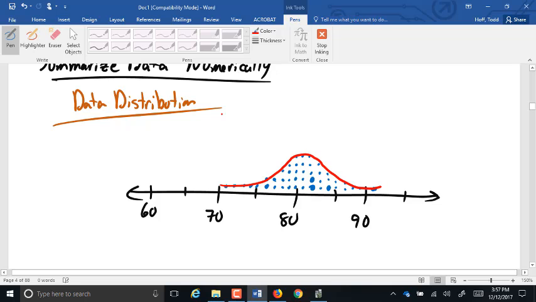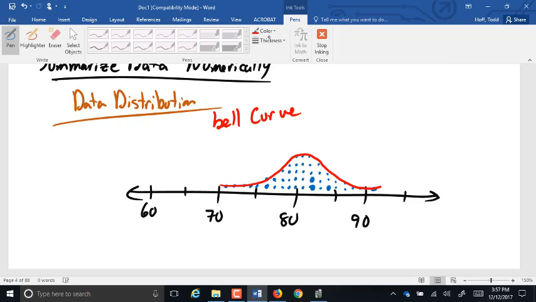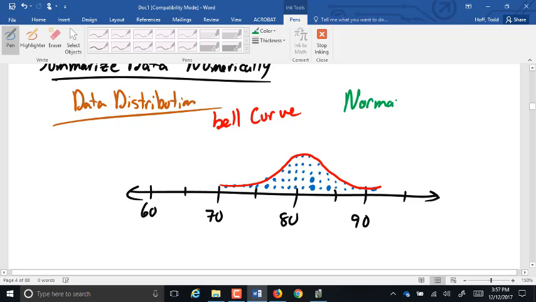There's kind of a bell curve. You guys have probably heard that term of a bell curve before. The technical name for it is a normal distribution. Well, if I wanted to describe that curve, one of the things I might say is that the center of that curve is at about 81.